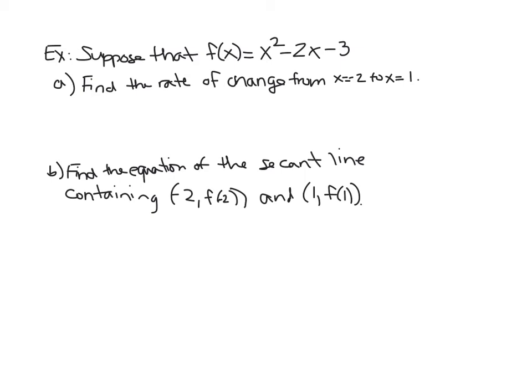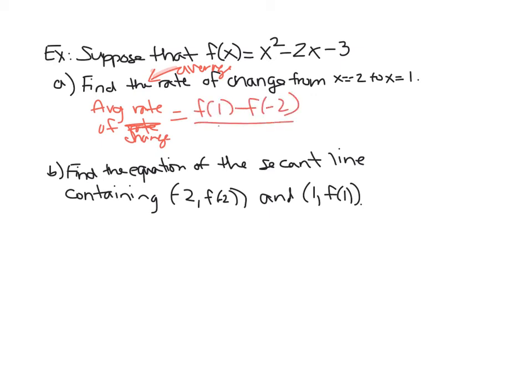I forgot to write the word average in there, so you might want to add that in. Okay. So my average rate of change is going to be that formula I just had. So it's going to be f of 1 minus f of negative 2 over 1 minus negative 2.